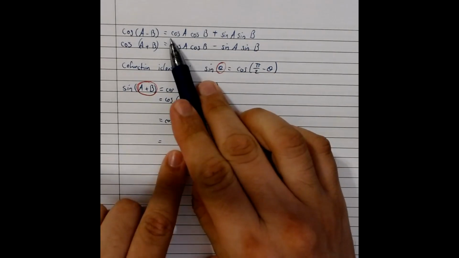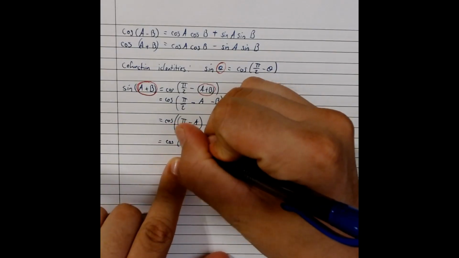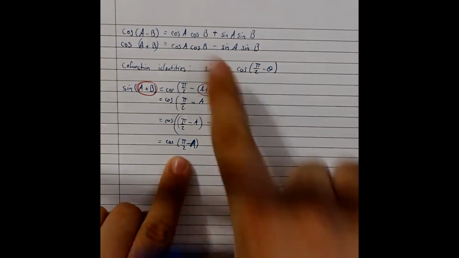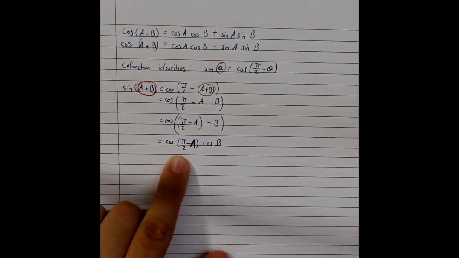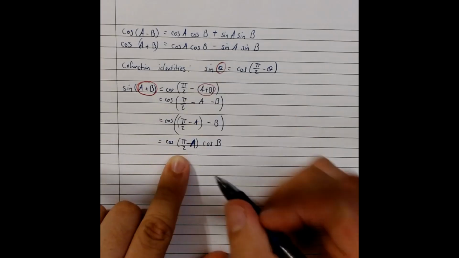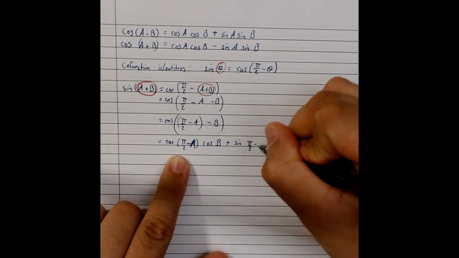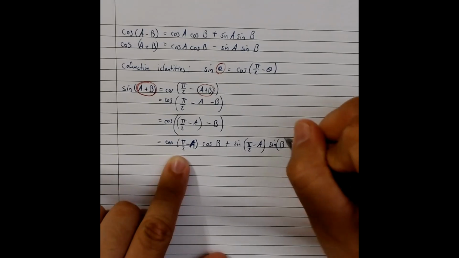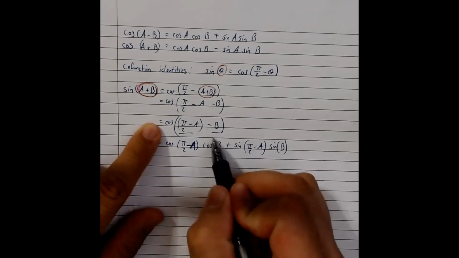That's going to be the cosine of the first angle, which is pi over 2 minus A, times the cosine of the second angle, which is just cosine of B. And now, using the difference formula for cosine, we're going to add the sine of the first angle, so the sine of pi over 2 minus A, times the sine of B. So that's your first angle minus your second angle.